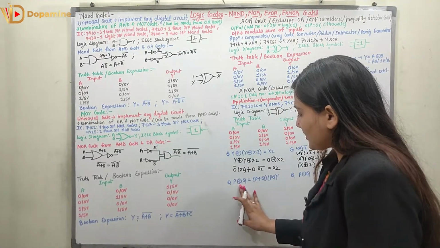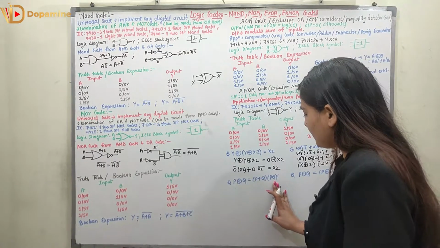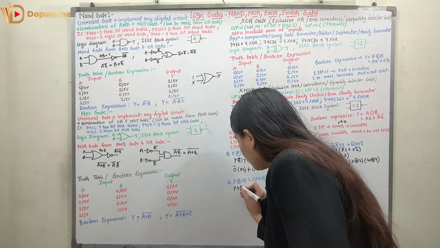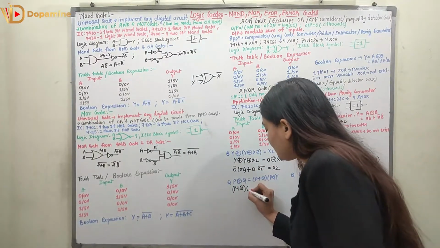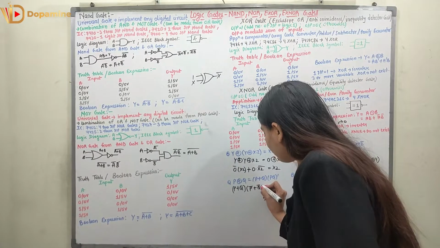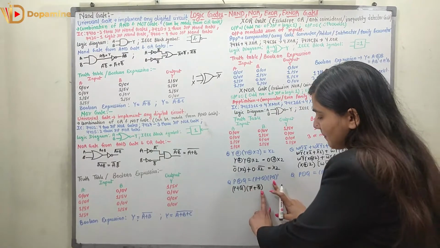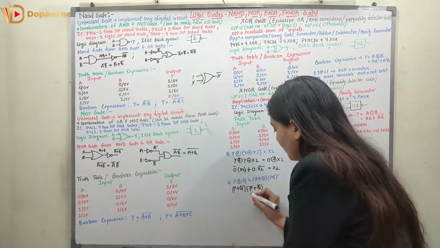Coming to the next question, here we have P XOR Q equal to P plus Q multiplied with PQ whole bar. Now I can use De Morgan's law: PQ whole bar can be represented as P bar plus Q bar. Now I am going to open it up.